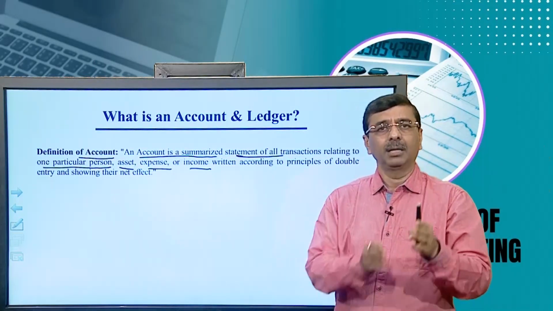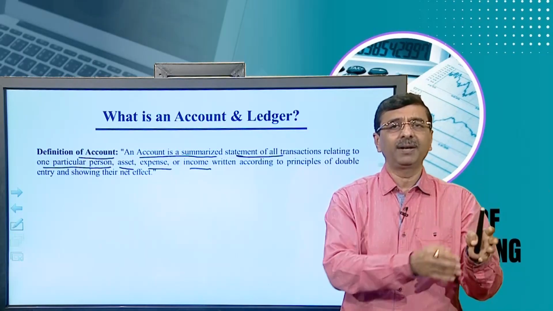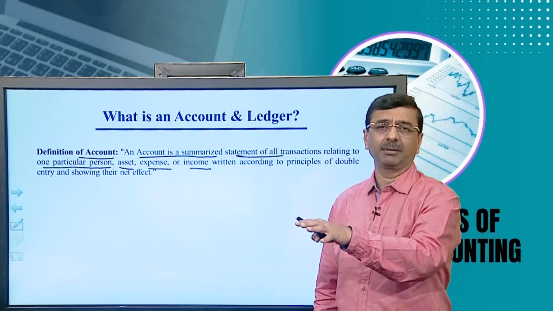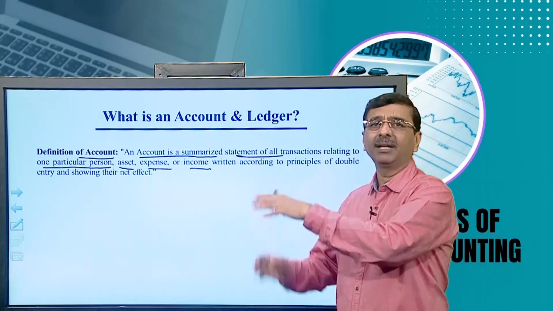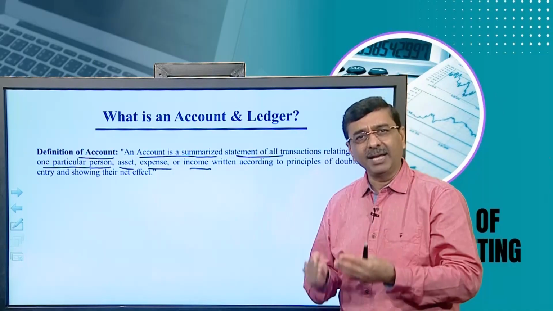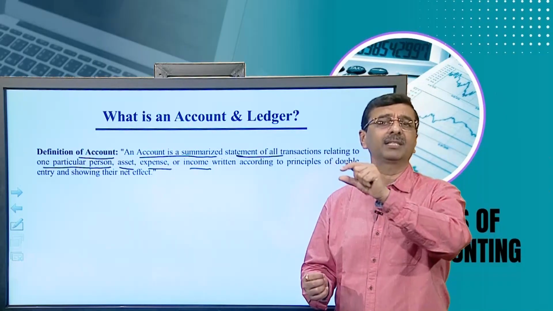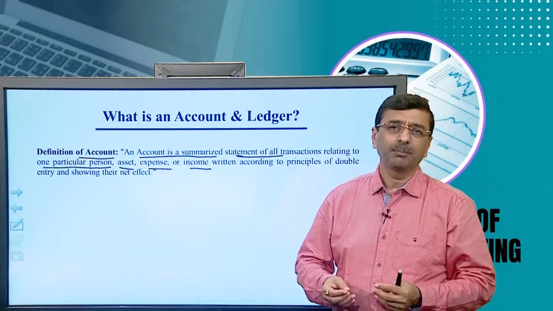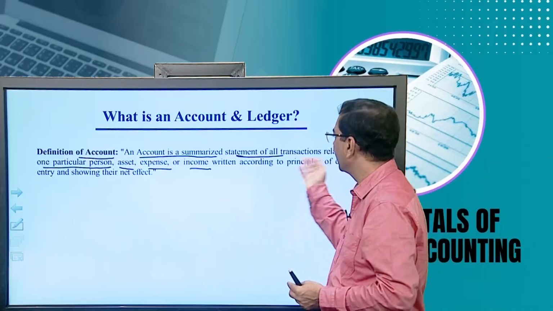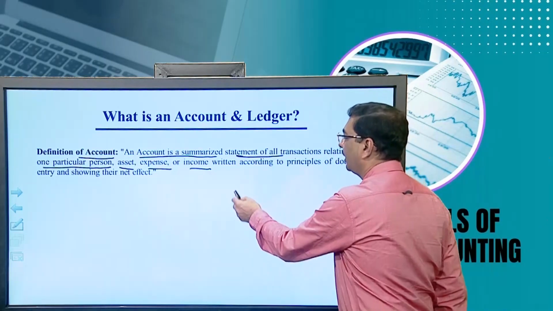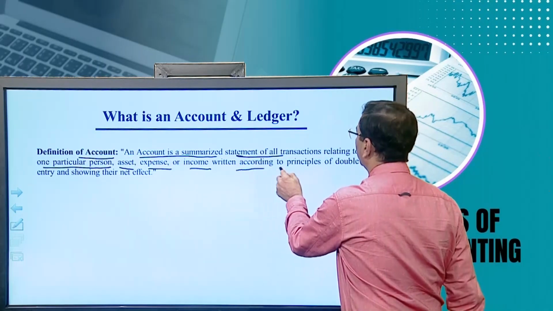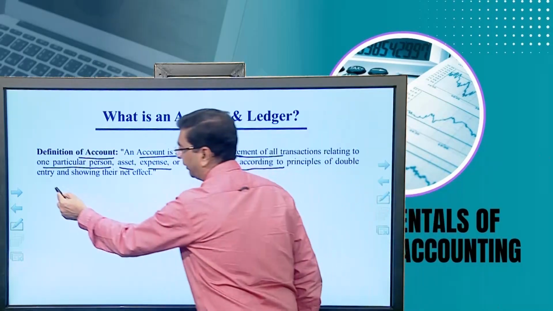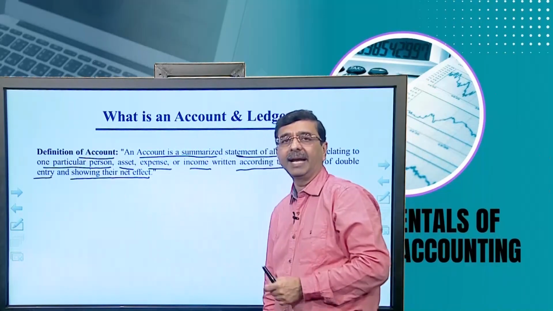It means that after you identify the event, the event is converted into monetary terms which has an effect on the transactions, and those transactions will identify the specific name, or the specific account, or a specific person, or any kind of assets and liabilities, which will be recorded in the particular books of accounts with the specific principles as per double entry, showing the net effect.